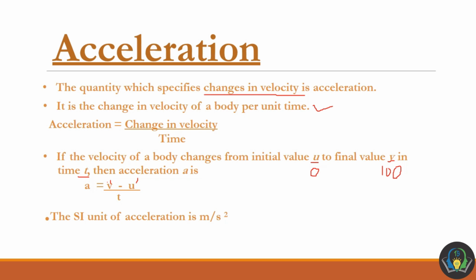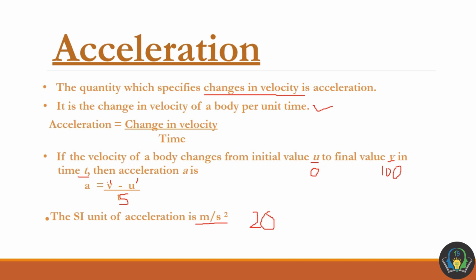So 100 upon 5 will give us 20. So 20 will be my acceleration, 20 meter per second square. Since velocity is in meter per second, and acceleration is per second, we are getting this unit as meter per second square.